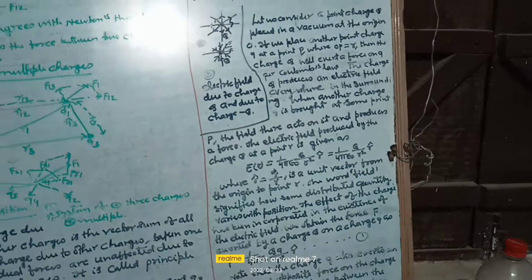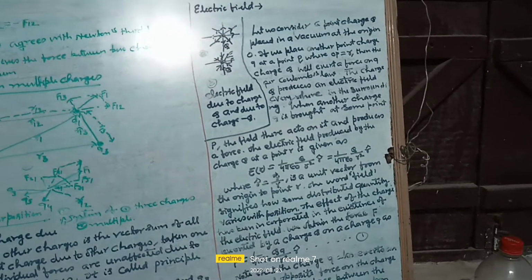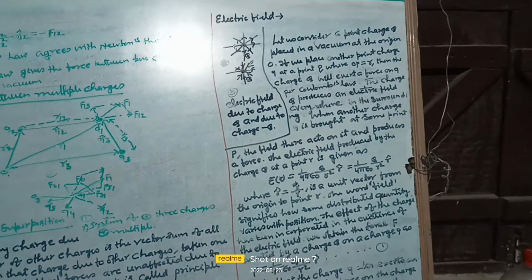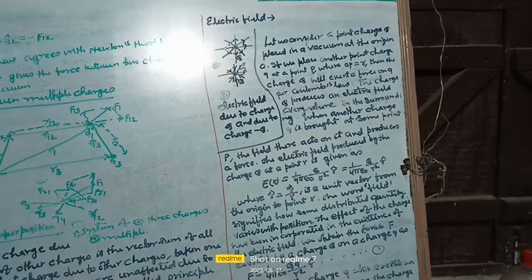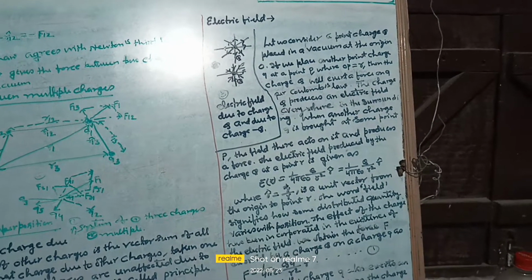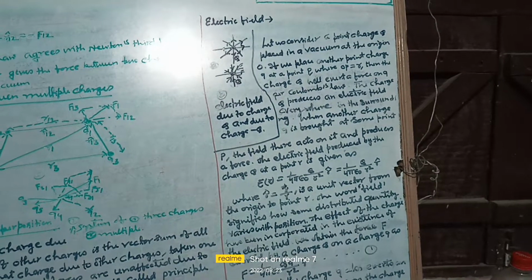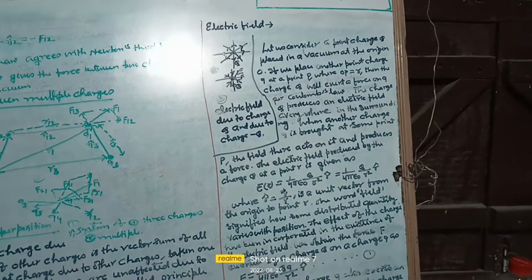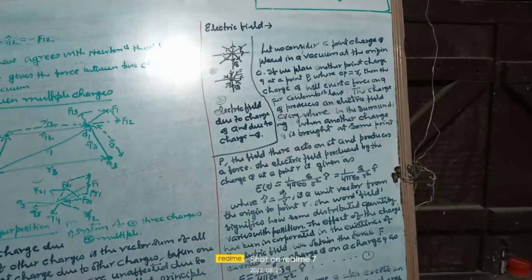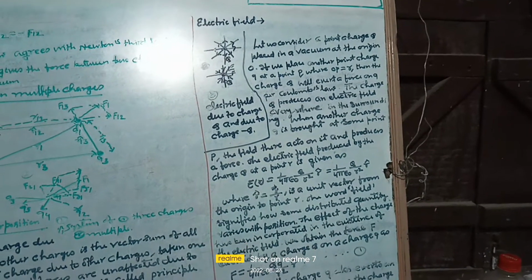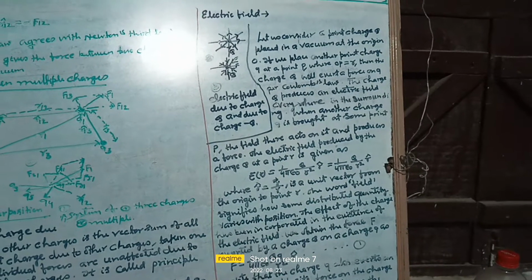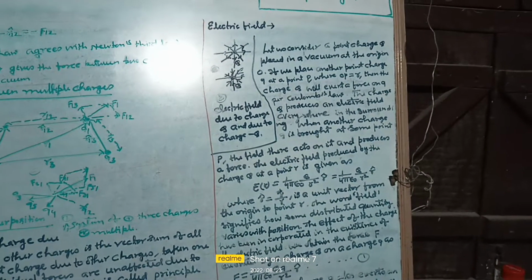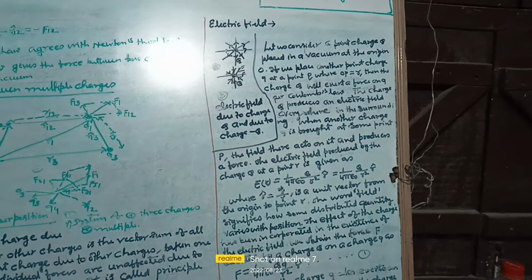Now, the electric field. Let us consider a point charge Q placed in a vacuum at the origin O as shown in the figure. If we place another point charge q at a point P where OP = r, then the charge Q will exert a force on q. By Coulomb's law, the charge Q produces an electric field everywhere in the surroundings.